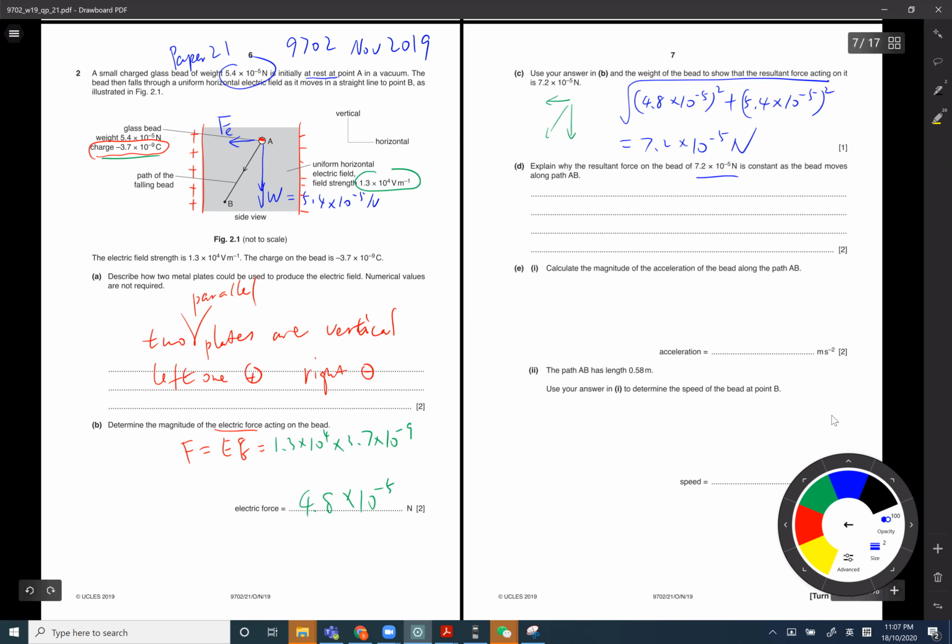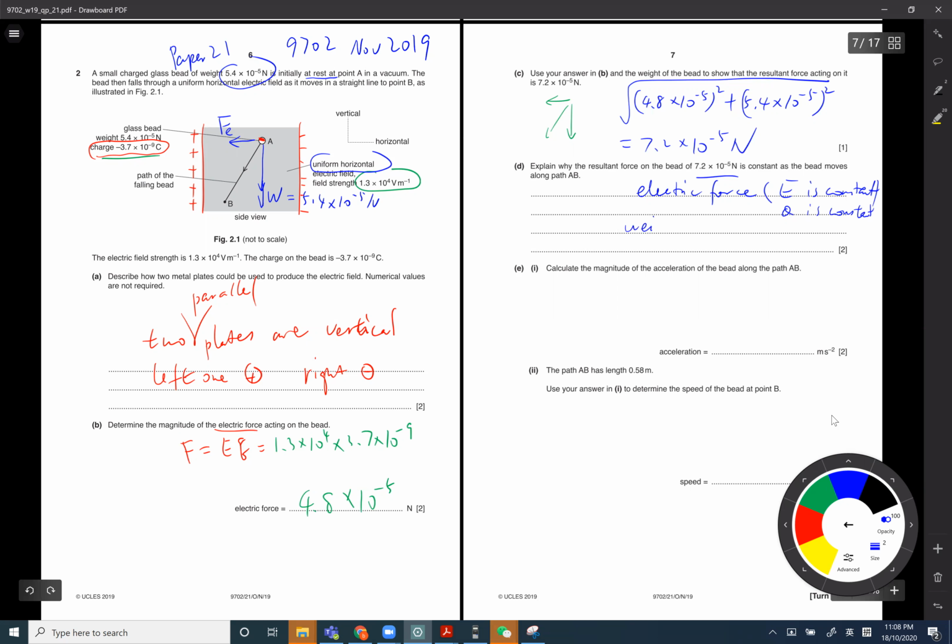Why is the resultant force constant? The electric force is constant because the field is uniform. E is constant. The Q, of course, is constant. Both E and Q are constant, so the electric force is constant.